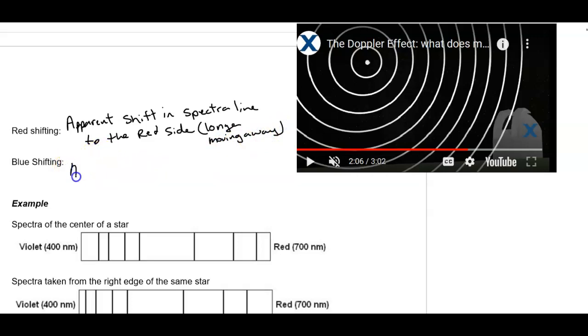The blue shifting is basically that apparent shift in spectral lines to the blue side.